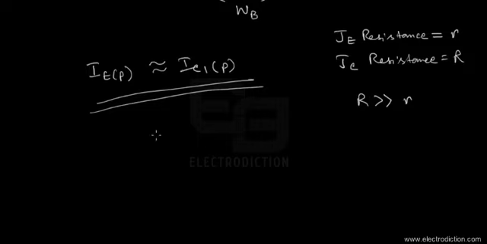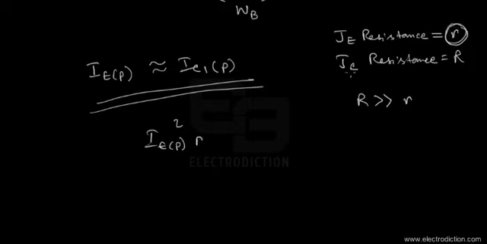Here, if we try to find the power, the power at the input is given by the emitter current IEP squared multiplied with the emitter junction resistance, small r.